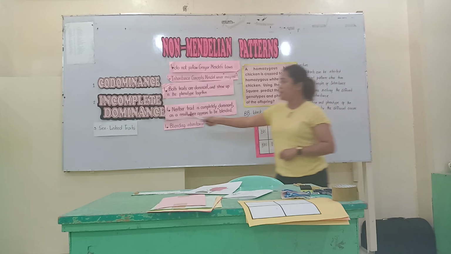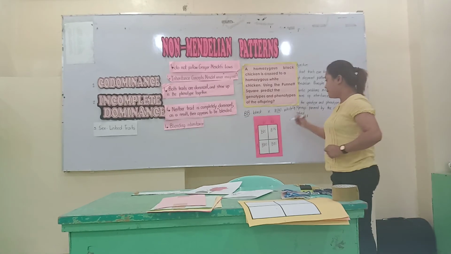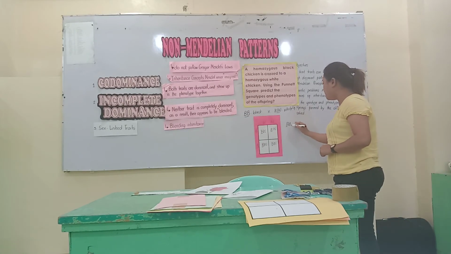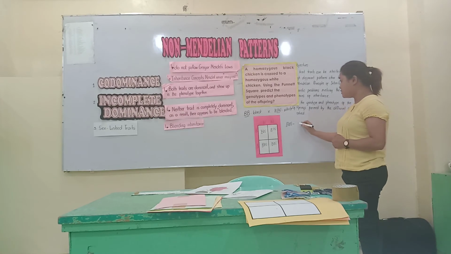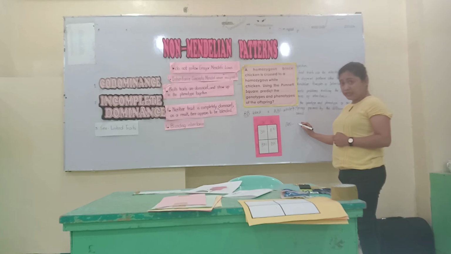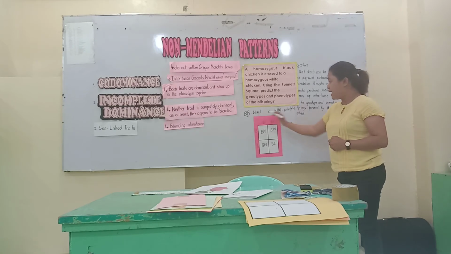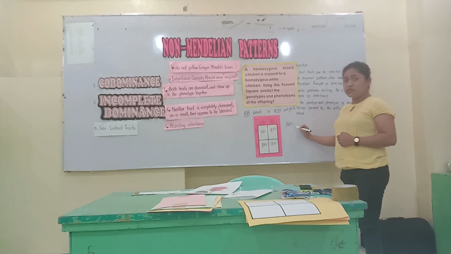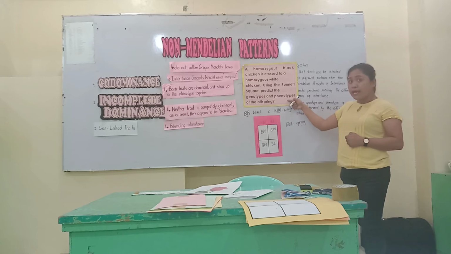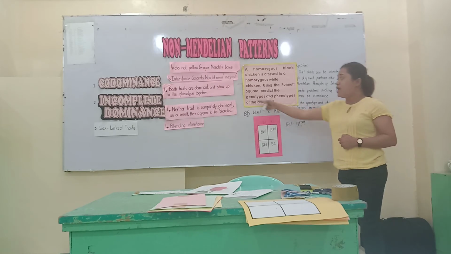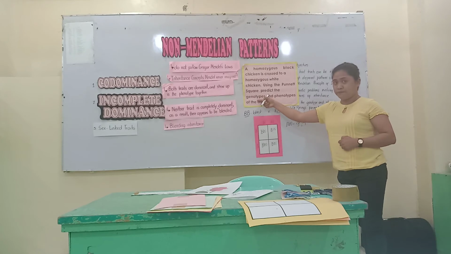Incomplete dominance man. Unsa man iyahang phenotype? So, BW is a mix between black and white. So, ni-result siya sa gray nga color. So, gray is the phenotype, while BW is the genotype.